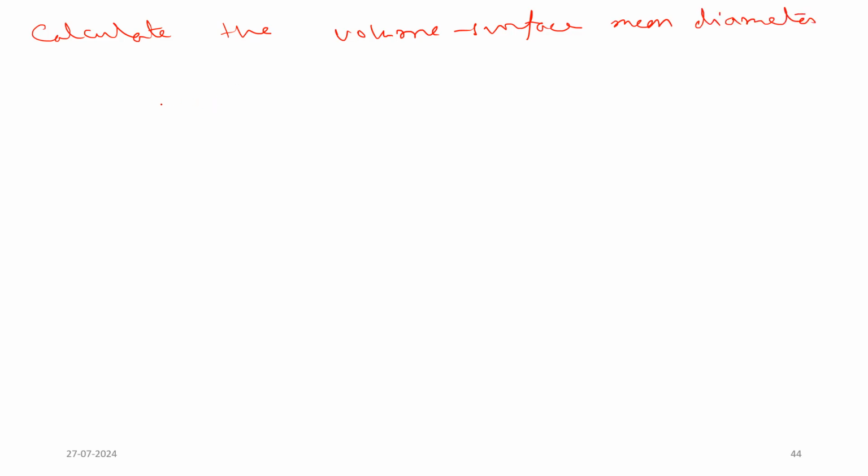So I will do a problem on surface mean diameter. The question is: calculate the volume surface mean diameter, that is nothing but the Sauter mean diameter, of the following particulate material.